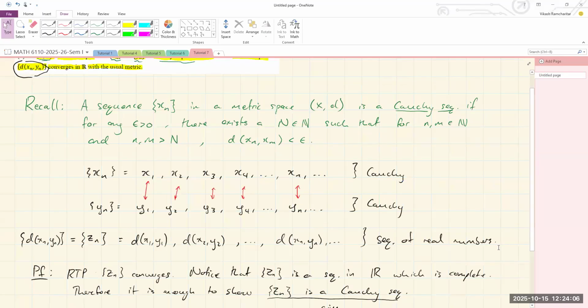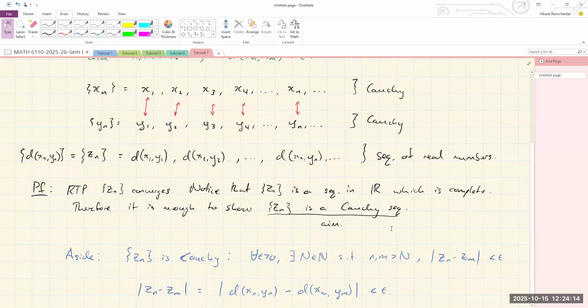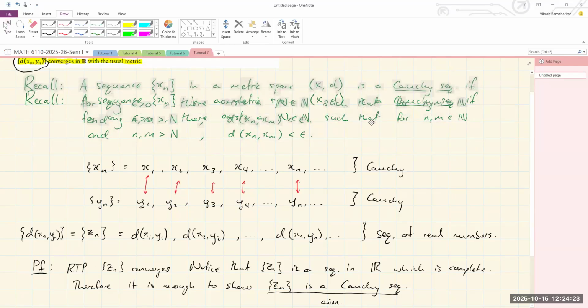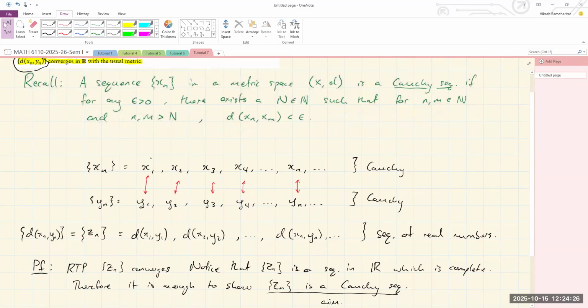So there's a couple of ways we could prove this. There's actually an easy way to do it, and that is to notice that a sequence being Cauchy is equivalent to something else.